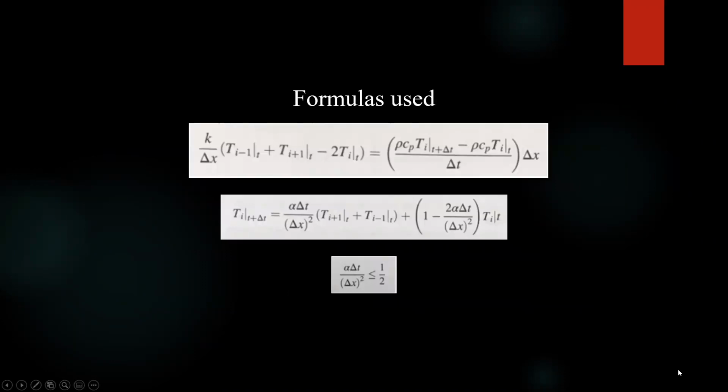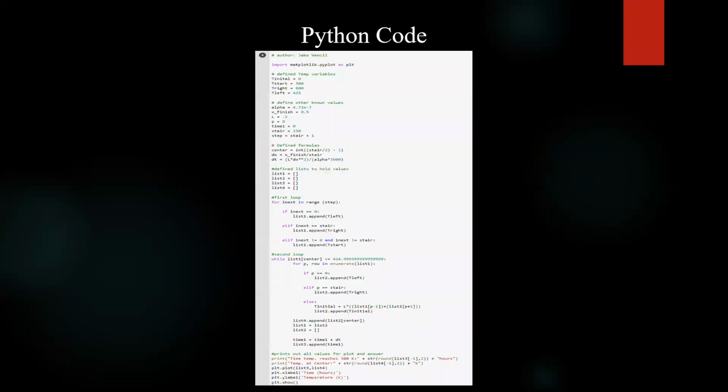So these are three formulas that I used when solving for parts one and two. And you're going to see how they come into effect with my code right here. I first defined all my variables and imported the matplotlib that I used to help put in some of these values in my code.